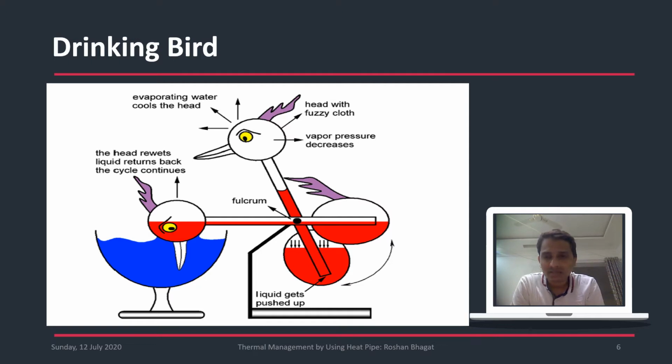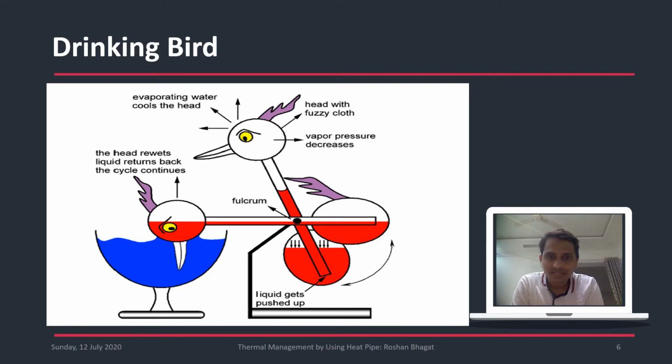The first thing to understand is that the head of the duck is covered with a fuzzy cloth. Inside it we can observe a red fluid is already there, and we have a tube connecting the head as well as the tail. Now, whenever the duck is drinking water, or it seems like drinking water, the water is in contact with the methylene chloride over the glass tube.